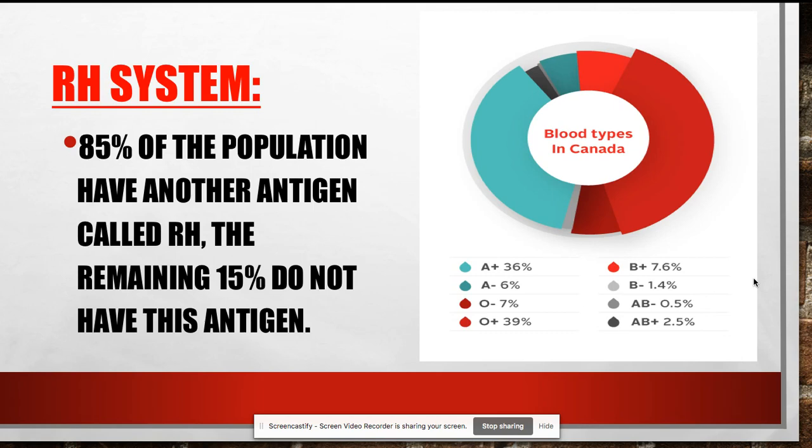And then on top of that, AB negative is even more rare at being 0.5% of the population. This means that there are only a few hundred at best in a given country that have AB negative blood. So it's very important that if you do have that blood type, that you're registered with blood donor clinics. But that is for a whole other spiel.